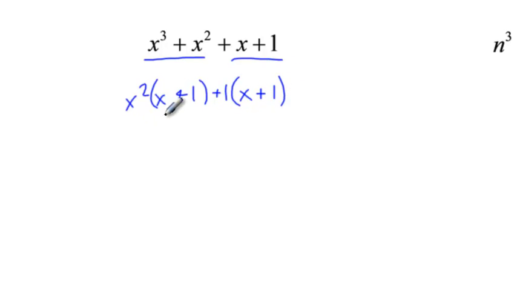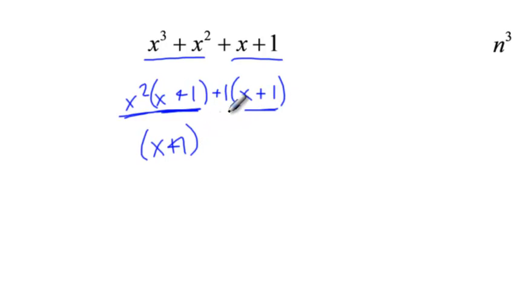Now, the key to grouping is making sure that what you have in these parentheses is exactly the same. In this case, I have x plus 1 and x plus 1, so that is exactly the same. Looking at this big term, I'm going to pull out an x plus 1.